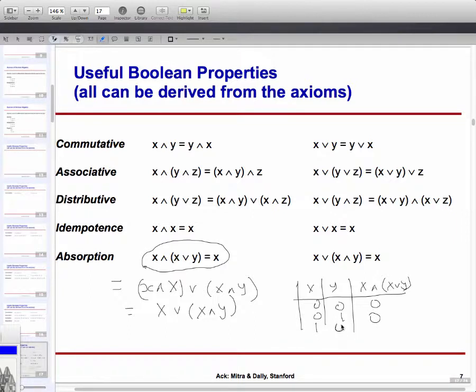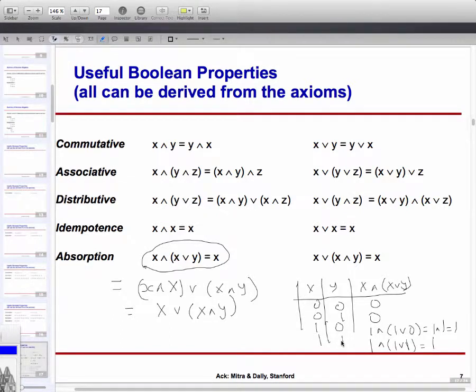If I do 1, 0, then I'm going to get 1 and (1 or 0), which is 1 and 1, which is 1. And finally, if it is 1 and 1, then this is the same as 1 and (1 or 1), which is again 1. So as you can see, the right-hand column is the same as x, and therefore the property holds true.